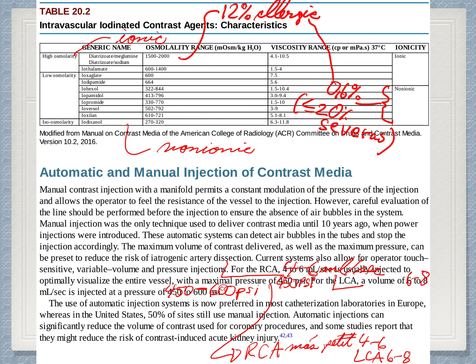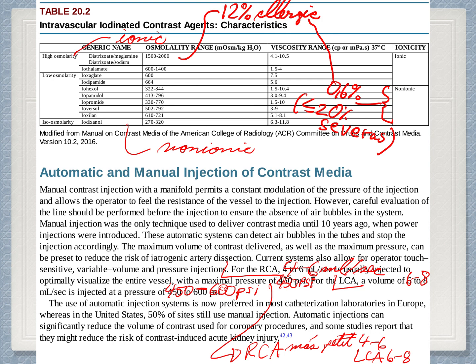So for intravascular iodinated contrast agents, we have to remember that depending on its characteristics, it will produce certain allergic or non-allergic reactions. In general, the high osmolarity, the denser and high osmolality, will generate more reactions, around 12%, even 12 to 50% in some studies.